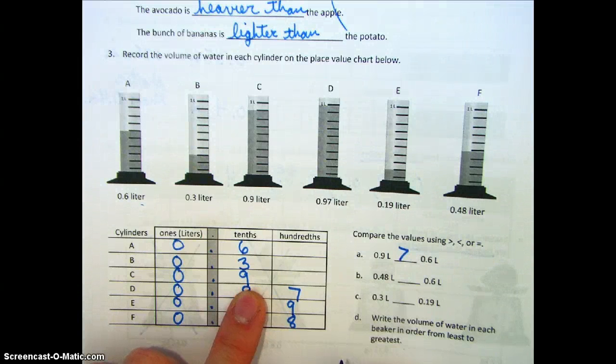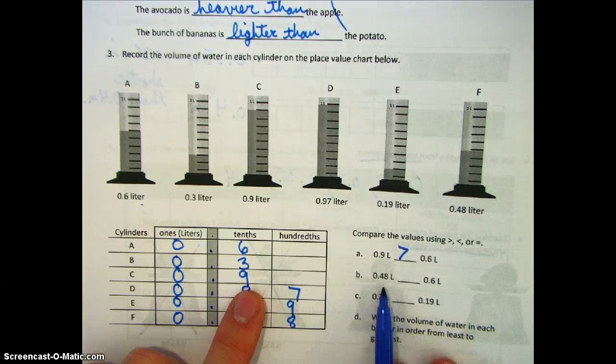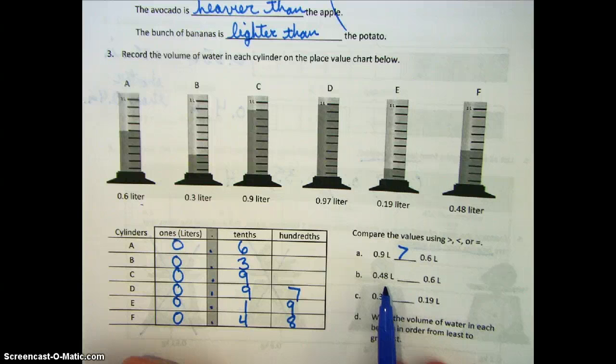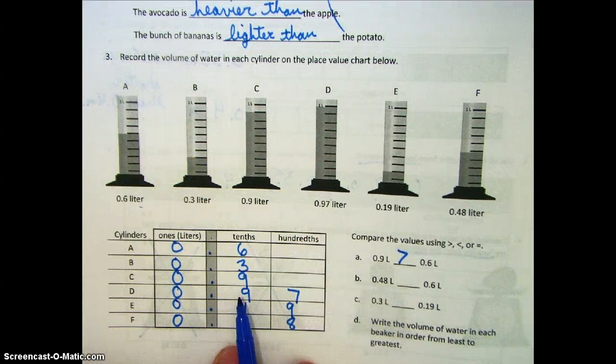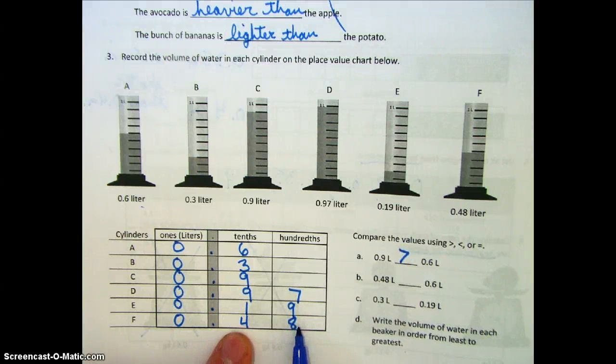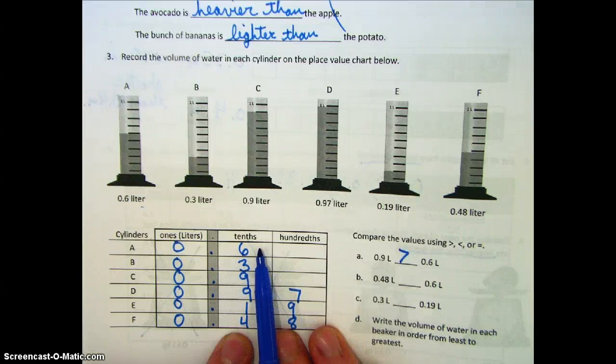Now we move to B. Now this gets a little bit tricky because if you notice we have 48/100ths compared to 6/10. Okay, now remember we're not comparing 48 and 6. If we go over here to our chart, we see that we have 48/100ths here versus our 6/10 here.